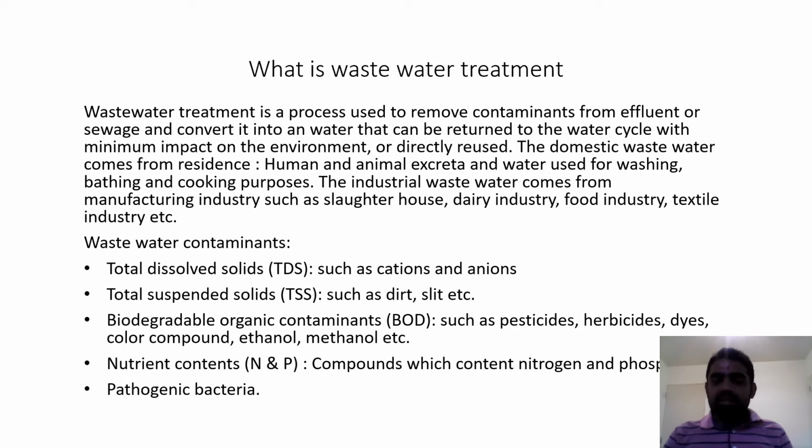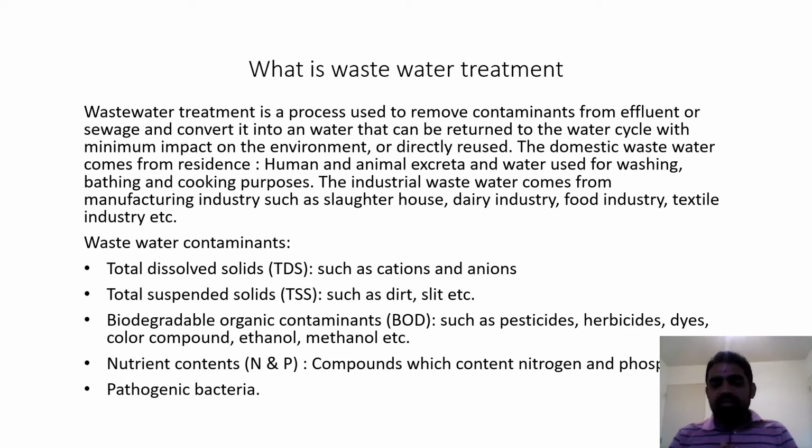Some examples are human and animal excreta, and water used for washing, bathing, and cooking purposes. And industrial wastewater generally comes from manufacturing industries such as slaughterhouses, dairy industries, textile industries, food industries, etc.